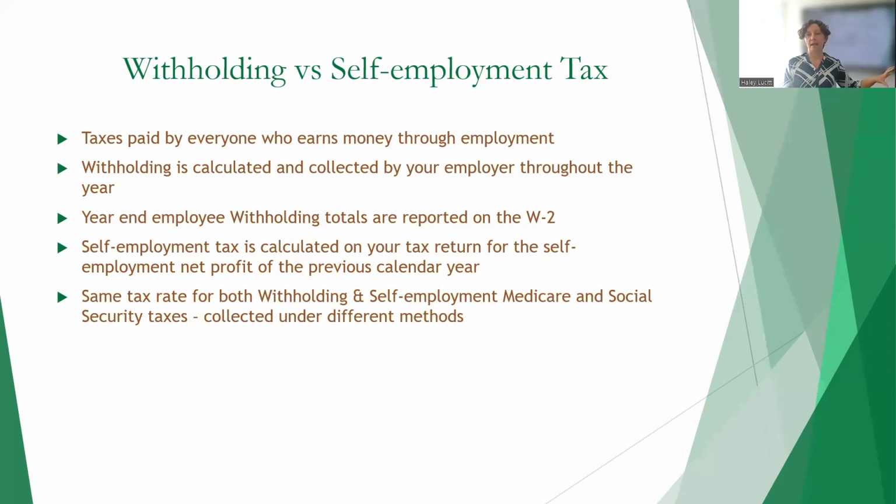You just don't see that part of it. Whereas with self-employment tax, you really do see it because you see it come out both ways on your tax forms. But withholding and self-employment tax are both Social Security and Medicare. Withholding as an umbrella term does include income tax as well, but we all pay the same taxes.